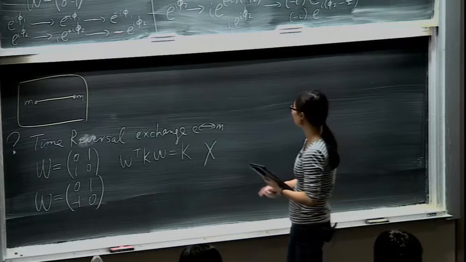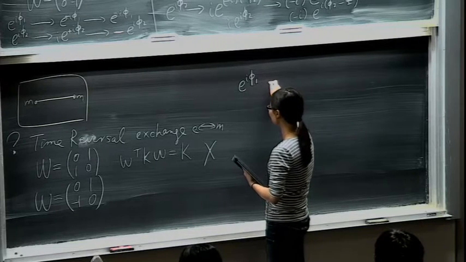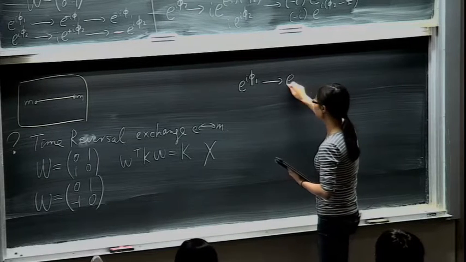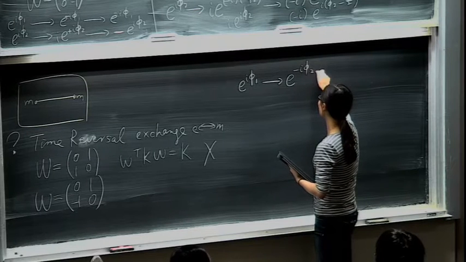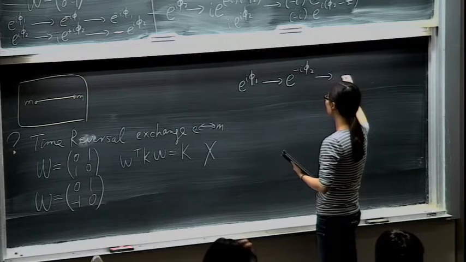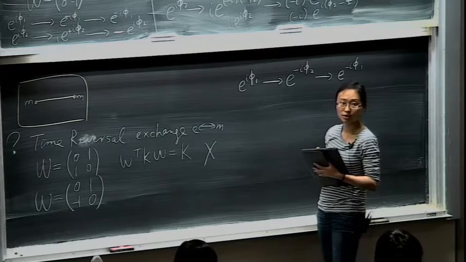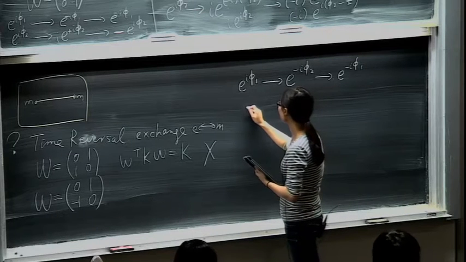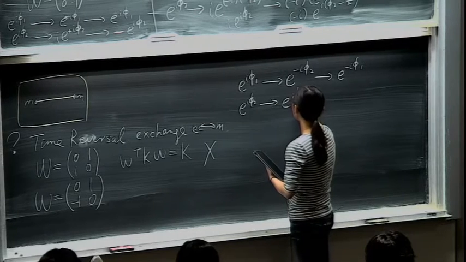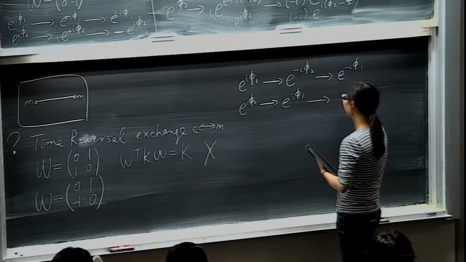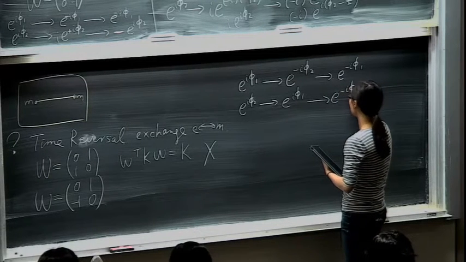But however, the problem with this one is that if we actually see what happens to the quasi-particle, this one goes to e to the minus I phi 2 and goes to e to the minus I phi 1, and this is e to the I phi 2 goes to e to the I phi 1, which goes to e to the minus I phi 2.